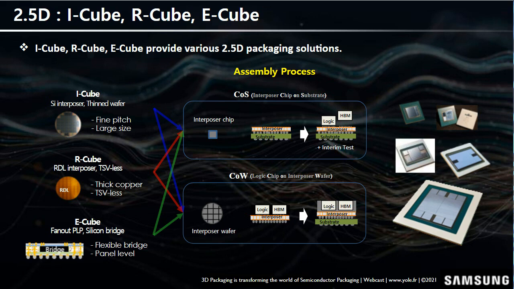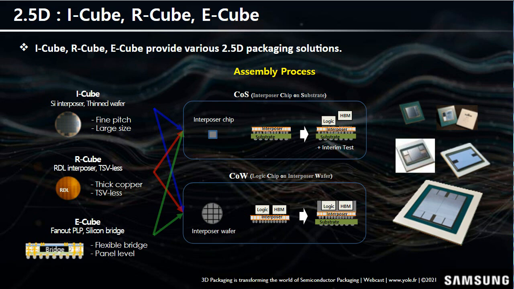And the COW actually is based on the wafer or panel used as a carrier, and then we attach logic and HBM on top. After molding it, we do sawing, and then we cut it as one piece, and then mount it on the package substrate. By using two assembly processes, several types of interposer technologies, and different numbers of HBM, we already developed so many test vehicles as well as products.